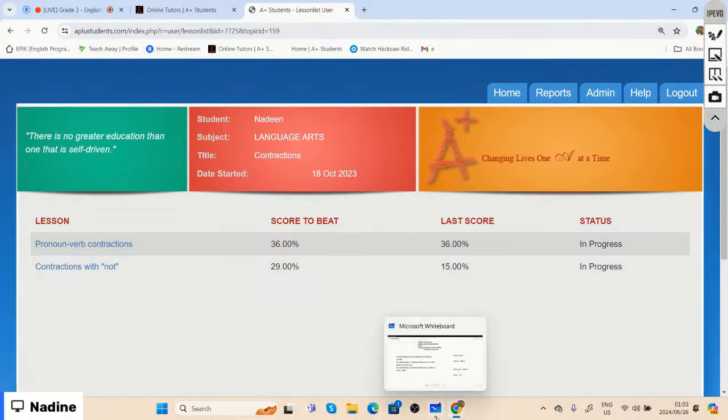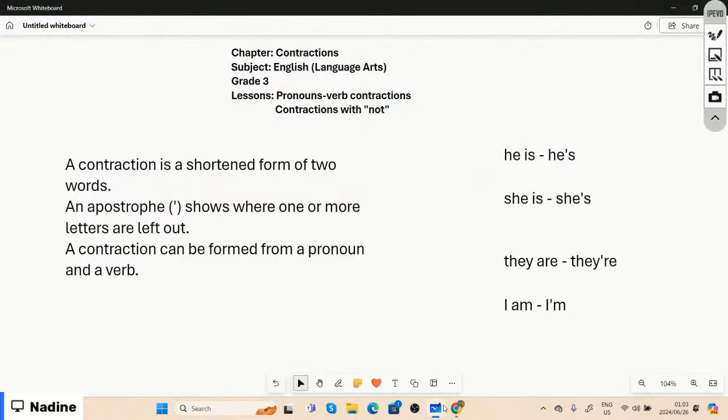All right, so our chapter is contractions. Our subject is English Language Arts, grade 3.